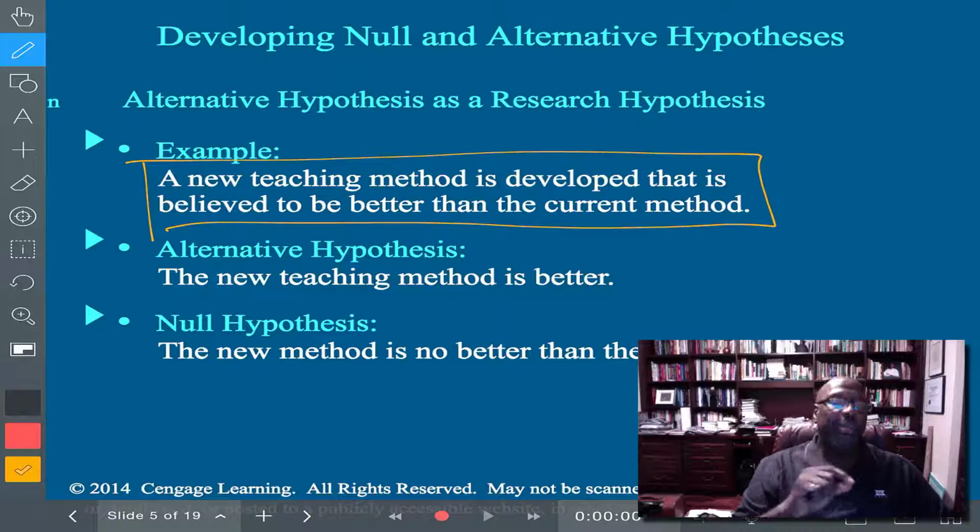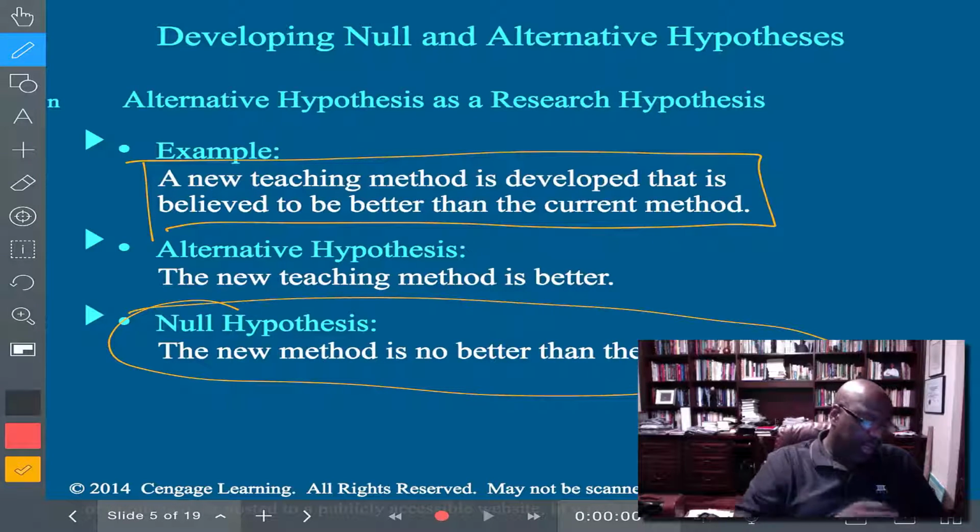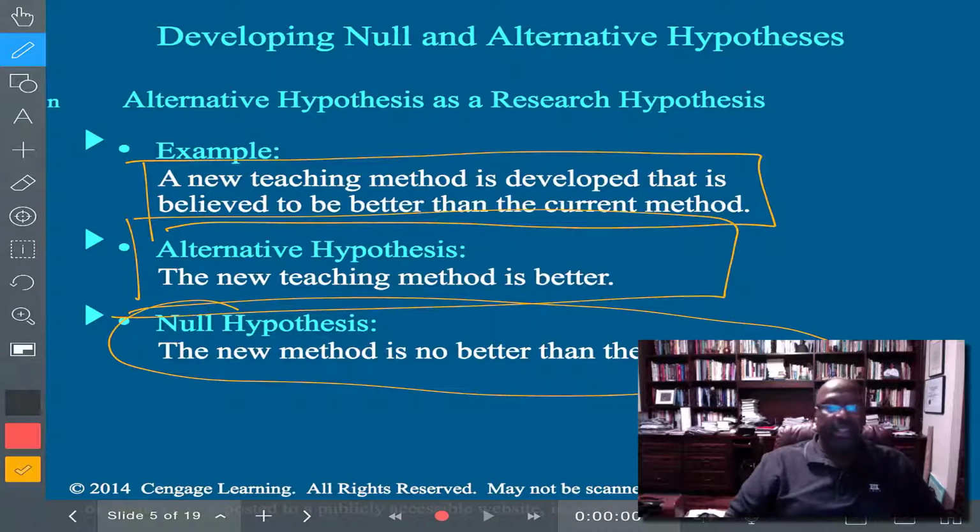So the new teaching method is better. But what we'll say is, no, there's nothing wrong with the old teaching method. So we will assume that the new teaching method is not better than the old method. All right? And so that's what we have in the null hypothesis. Alternate hypothesis, that the new teaching method is better.